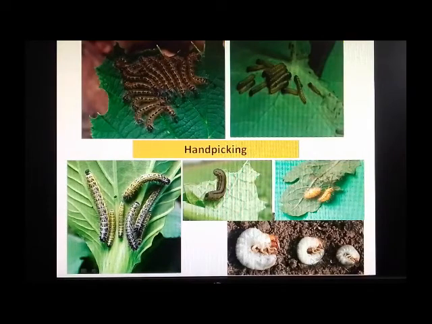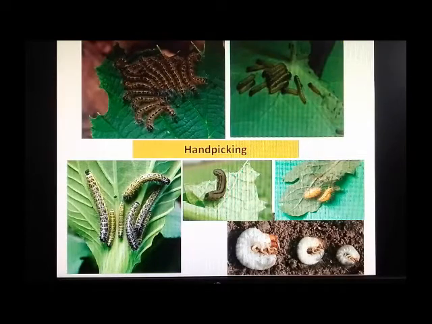So the handpicking of these caterpillars, whenever they are gregarious in nature. Some are gregarious in your early stages of the life cycle.